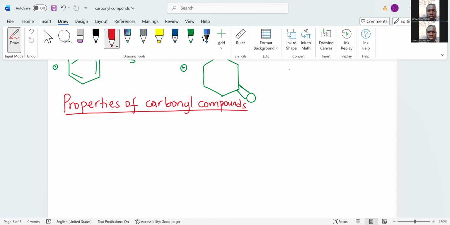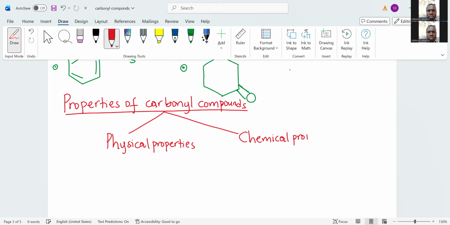So there are two categories of properties of exploration. One can look at the physical properties of carbonyl compounds, and then we can also explore the chemical properties of carbonyl compounds.